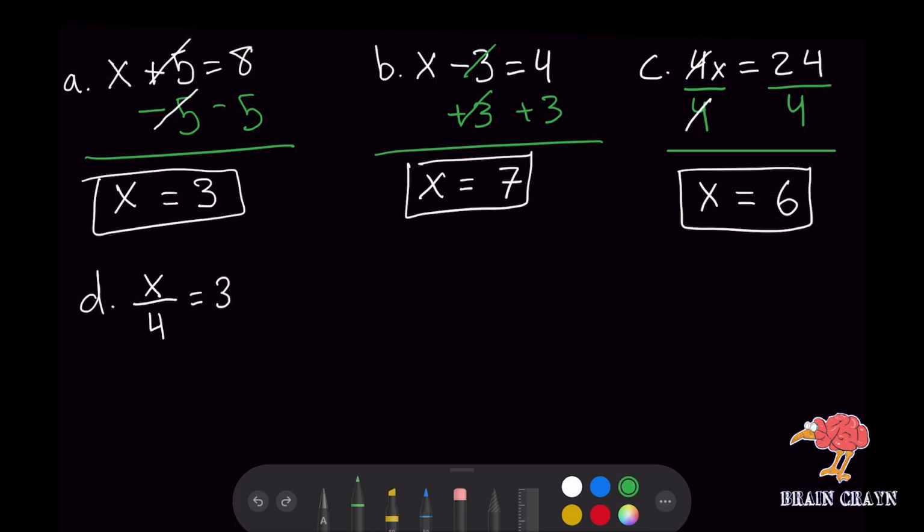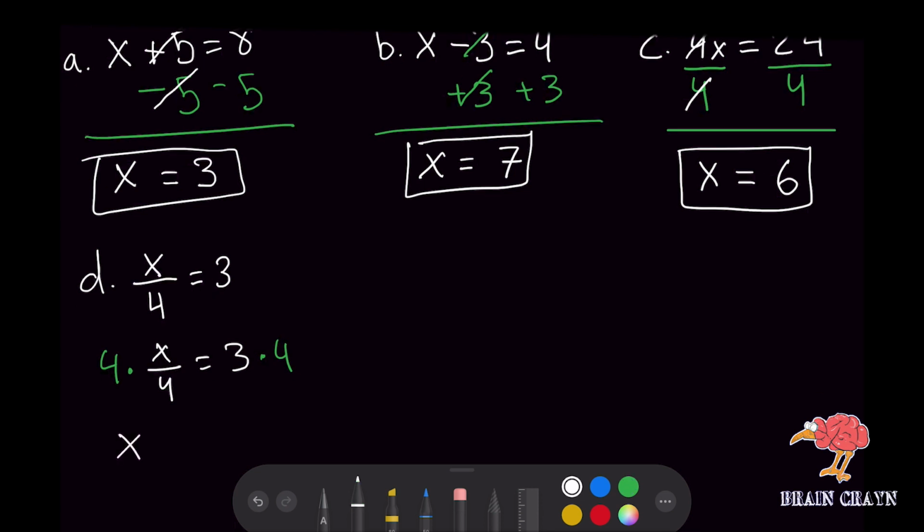So we need to multiply both sides of the equation by 4. 4 divided by 4 is 1, so these cancel out, and x is equal to 3 times 4, which is equal to 12. Therefore, the answer to this equation is 12.